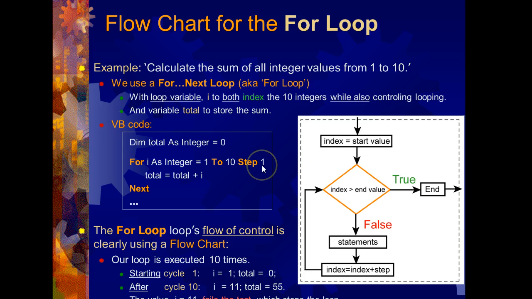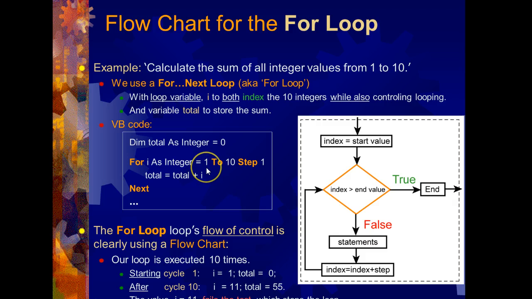If it had said step 2, it would go from 1 to 3 to 5 to 7. Step is how big a jump you increment I by. If it had said step 4, it would go from 1 to 5 to 9. But it says step 1, so it goes from 1 to 2 to 3 to 4 to 5.